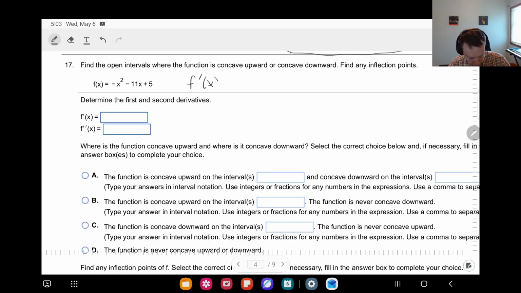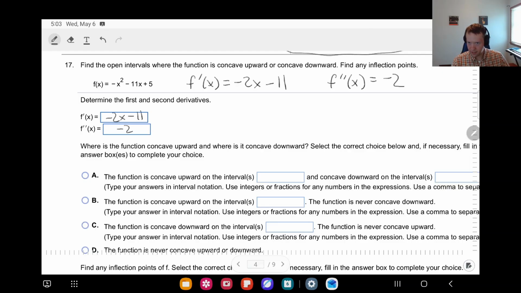So the first derivative we will write is -2x minus 11. Then f double prime is the derivative of that, just -2. So we'll fill those in.